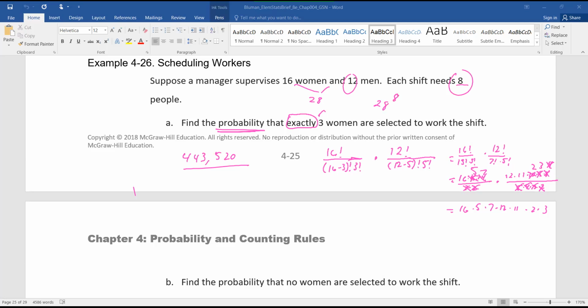I don't know that one, do y'all? Where order doesn't matter, you could, but it would be 28. Well, no. Okay, I see what you're talking about. Different alternative. I bet this equals the same thing. I'm curious. If order doesn't matter, N would be 28, but my R would be 8 because I'm selecting them. So that would be 28 factorial over 28 minus 8 factorial times 8 factorial.